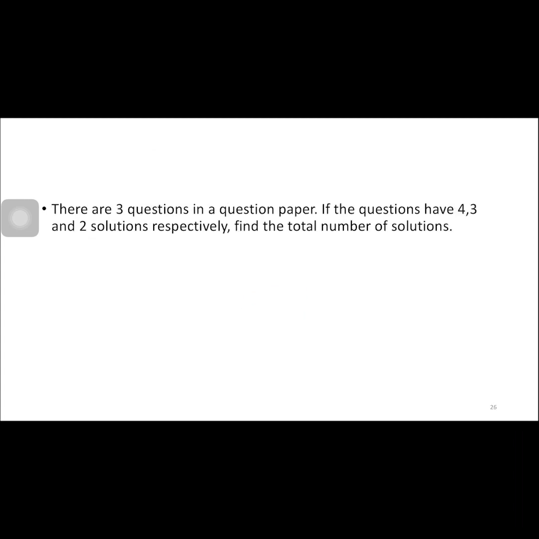Next, there are 3 questions in a question paper. If the questions have 4, 3, and 2 solutions respectively, find the total number of solutions. It's simply 4 times 3 times 2, which is equal to 24.